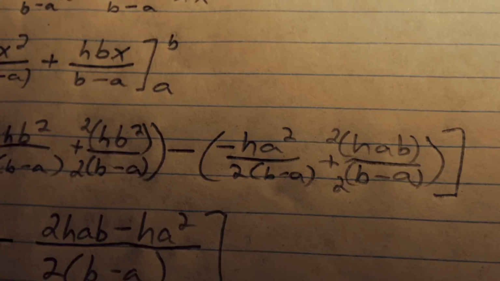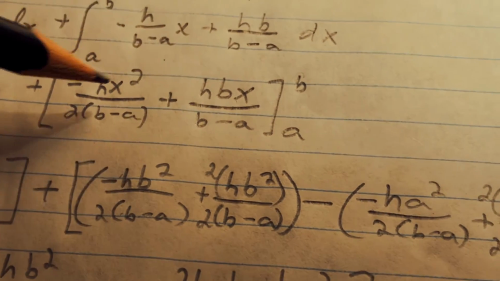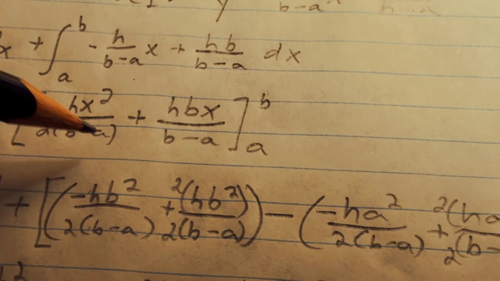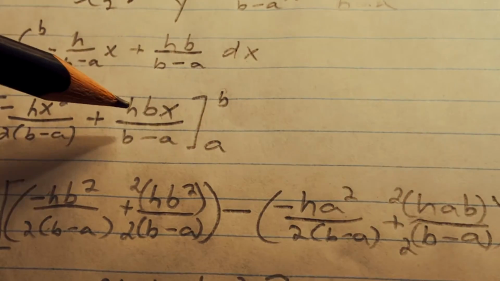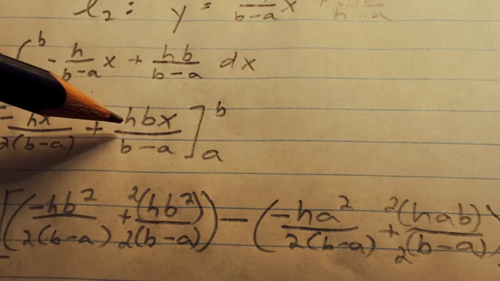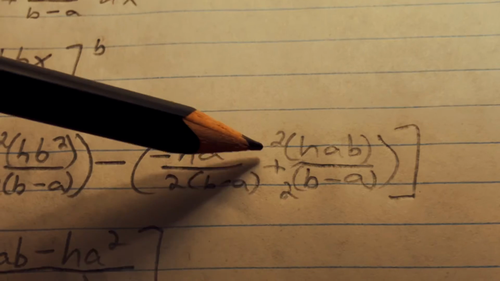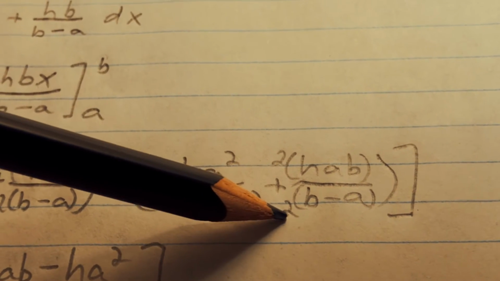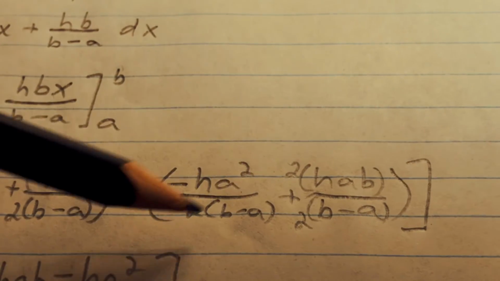Then I will plug A into this expression. Negative HA squared over 2 times B minus A. And HAB, because the order does not matter here, HAB over B minus A. Again, I have put the 2 on the numerator and in the denominator to make my denominators the same.